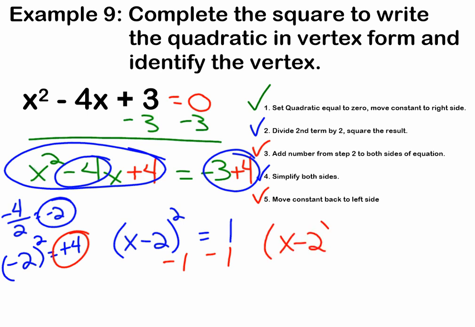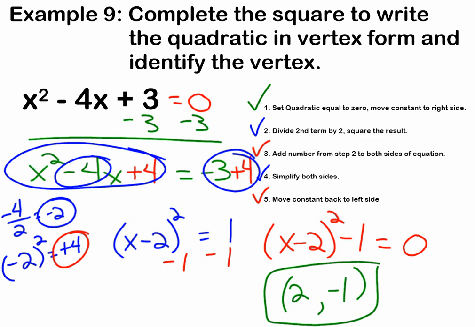X minus 2 squared minus 1 equals 0. Identify your vertex at positive 2, negative 1. The only real trick you might have had on this is that negative right there. And of course, that makes this come out positive in our vertex. And that's just because it was a minus 4x.